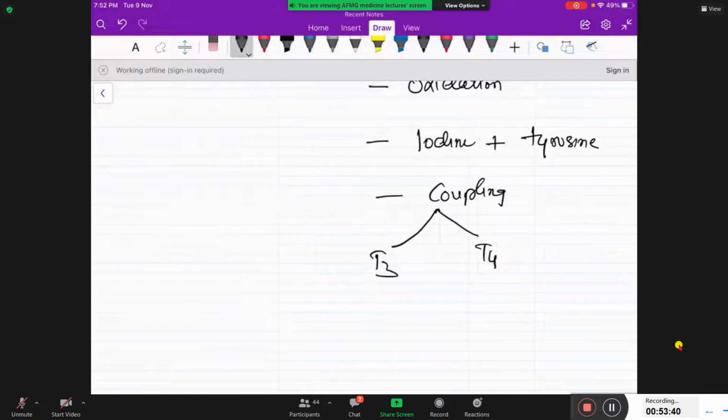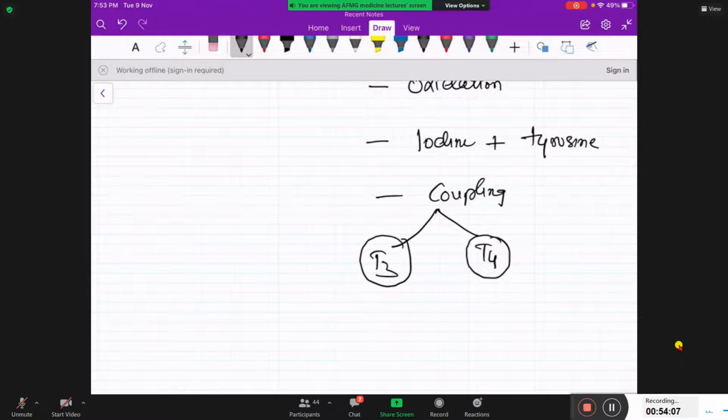Now, an important point in this T3 and T4 release is, can you tell me which is the physiologically active form? It is T3 or T4? It is T3 which is the physiologically active form. And out of T3 and T4, which of them has a longer half-life? Very good.